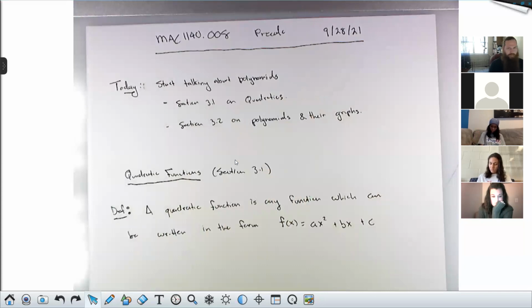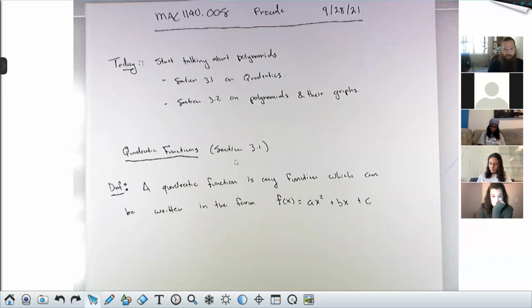There is a little bit of a difference in terminology. Most textbooks, probably your previous algebra class, called this the standard form for a quadratic. Your textbook uses that word standard form for something else, and I'll share that with you here in just a second. But for us, a quadratic is any function that can be written like this, which is really just a degree 2 polynomial, if you know those terms.